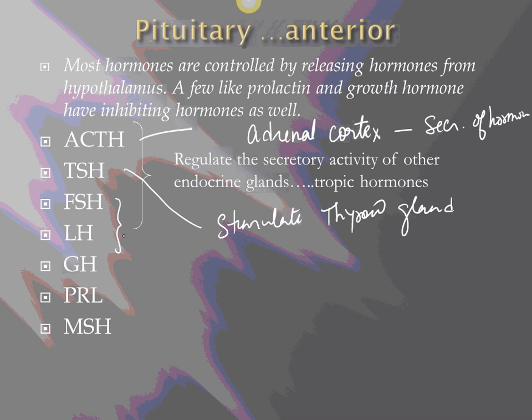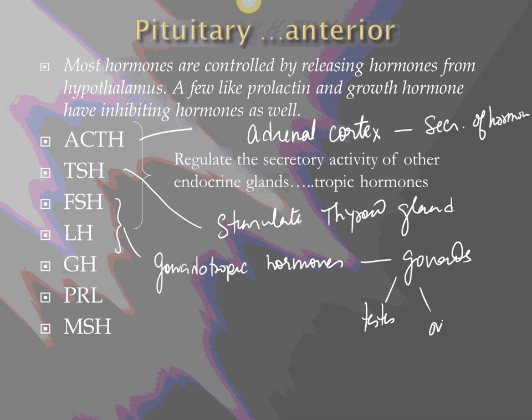FSH and LH are known as gonadotropic hormones. That's why we have the gonadotropic releasing hormone. They will go to the gonads, which means the testes and ovaries, and act on them.